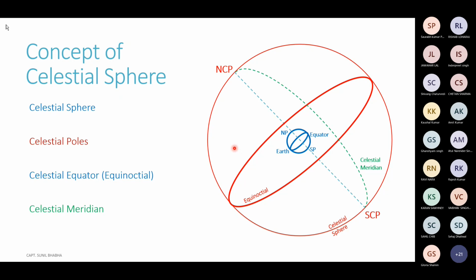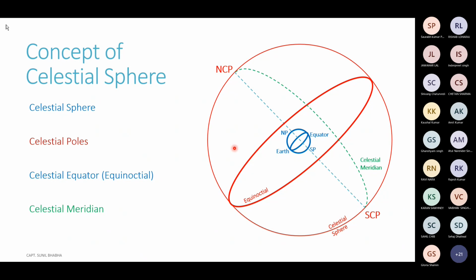Now, a second reference is also used in terms of specifying the meridian of the body. The second reference is used with respect to a particular position on the celestial sphere, which is known as first point of Aries. Later on, I will discuss with you the concept of ecliptic.